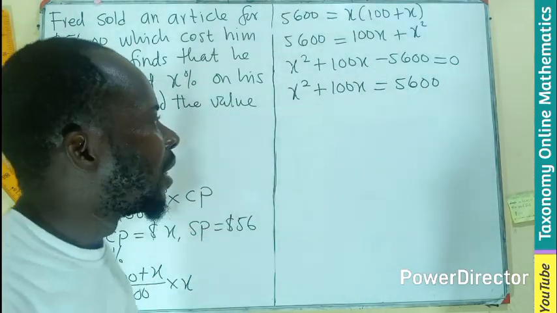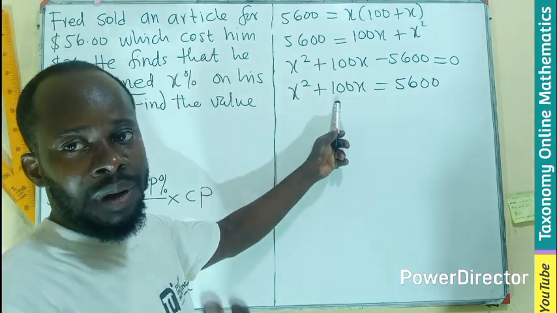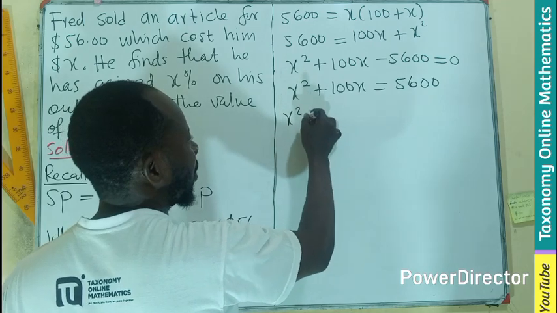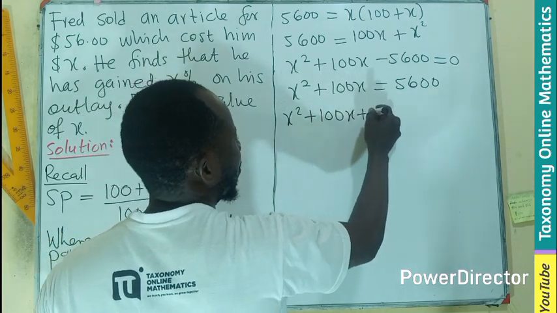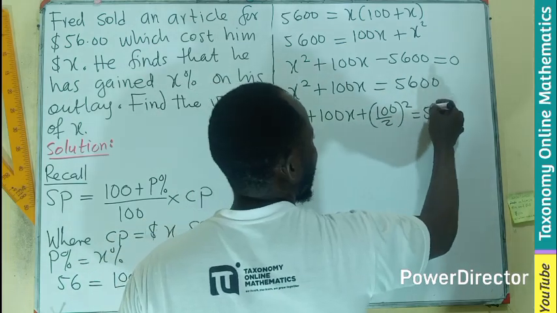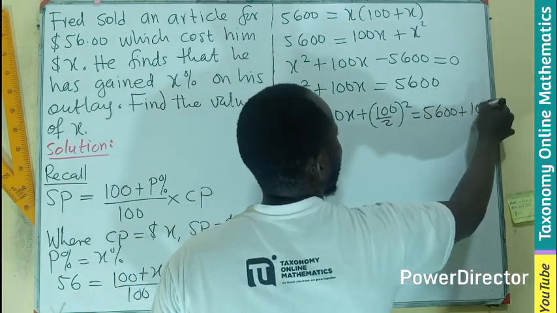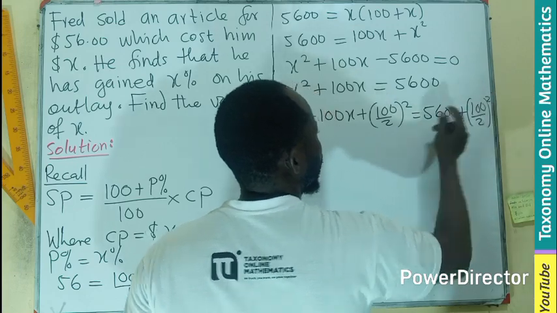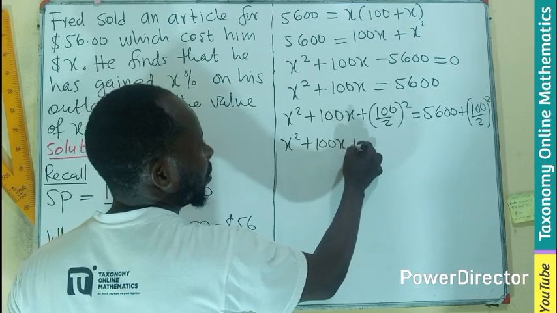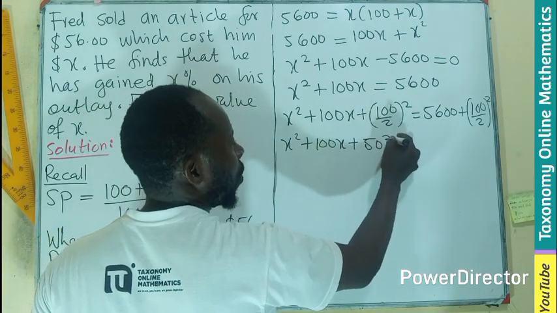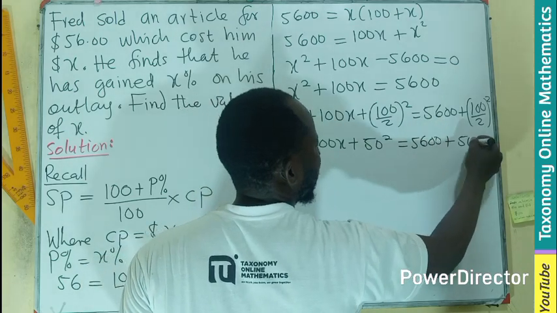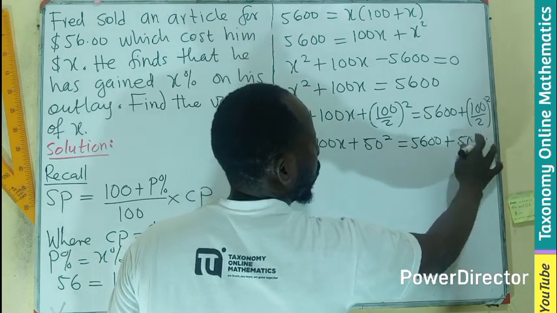When we transpose that, we need half of the middle term, squared, meaning X squared plus 100X plus (100 over 2) all squared equals 5,600 plus (100 over 2) all squared. We add that. That gives you X squared plus 100X plus 50 all squared, equals 5,600 plus 50 all squared.